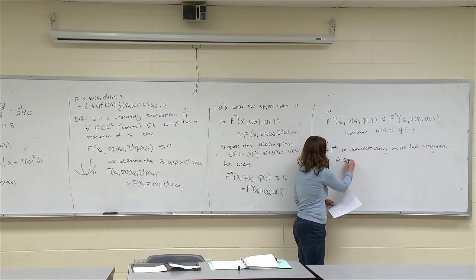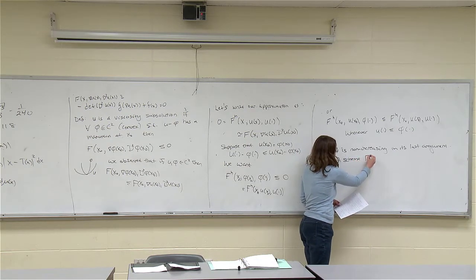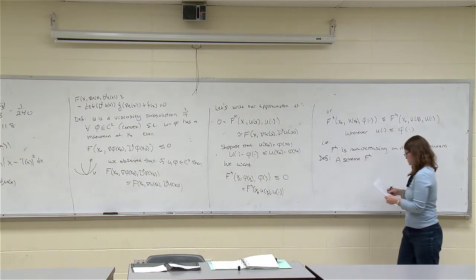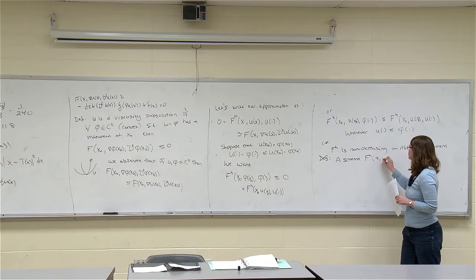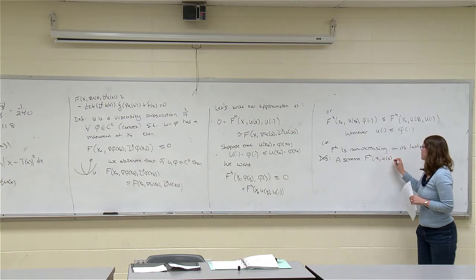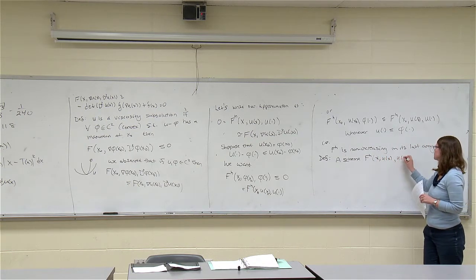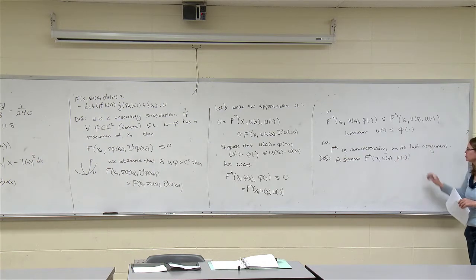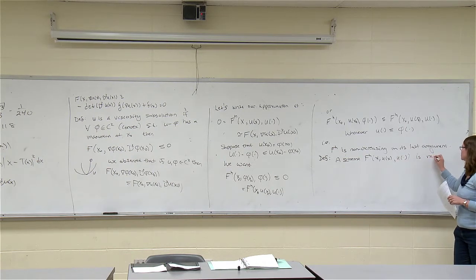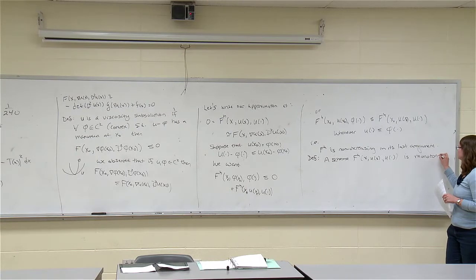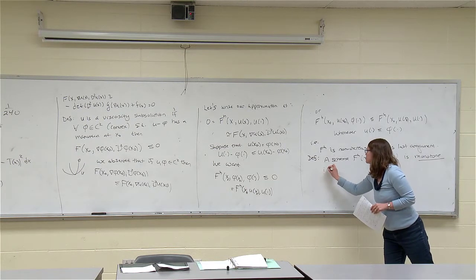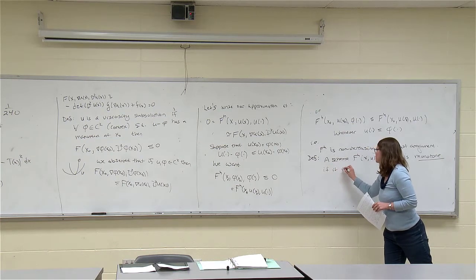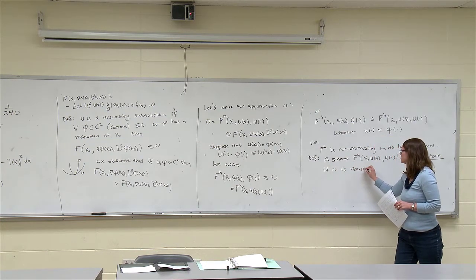So a scheme fh of this form, which depends on x, depends on u at that point, and depends on the function values at neighboring points, is monotone if it is not increasing in the last argument.